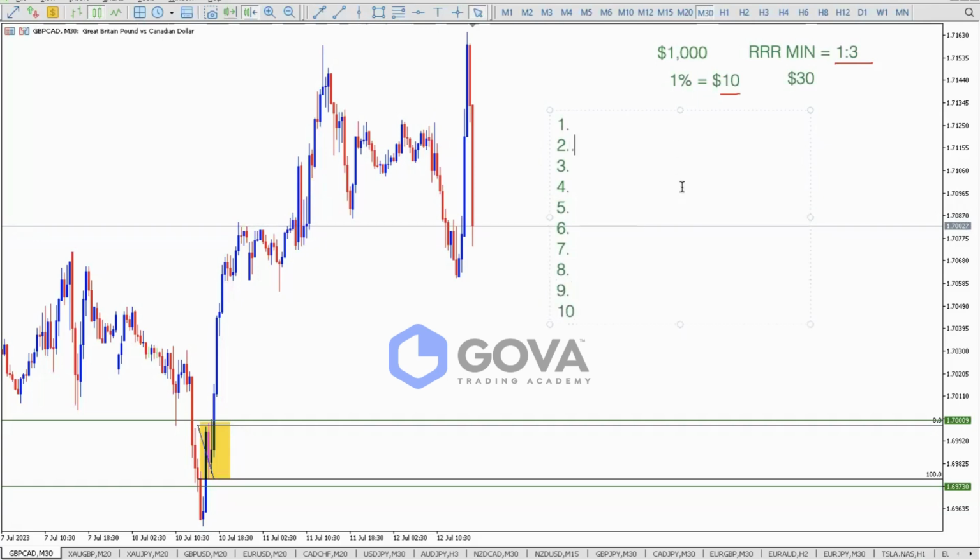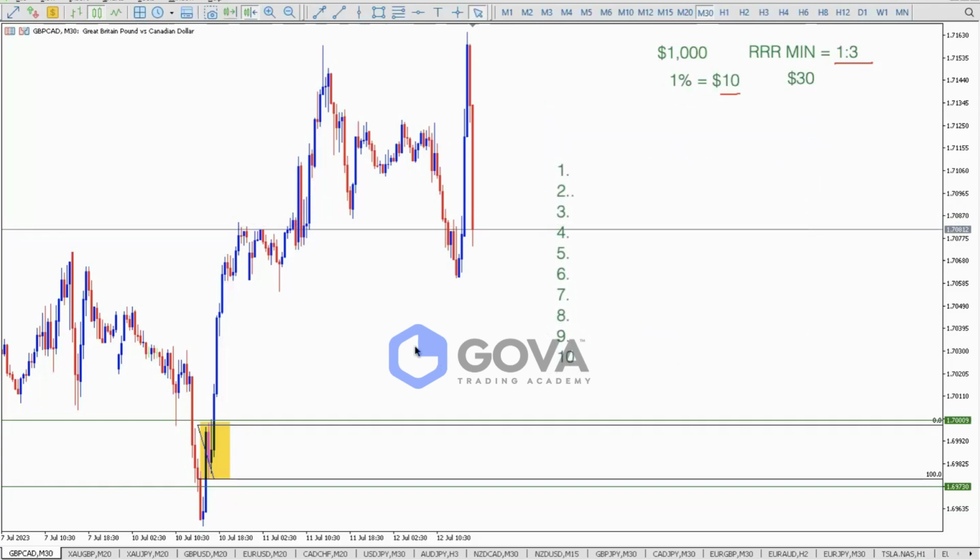Out of these 10 trades, let us assume this is what is going to happen. On the first trade, you lose $10. On the second trade, you lose another $10. On the third trade, you lose another $10.